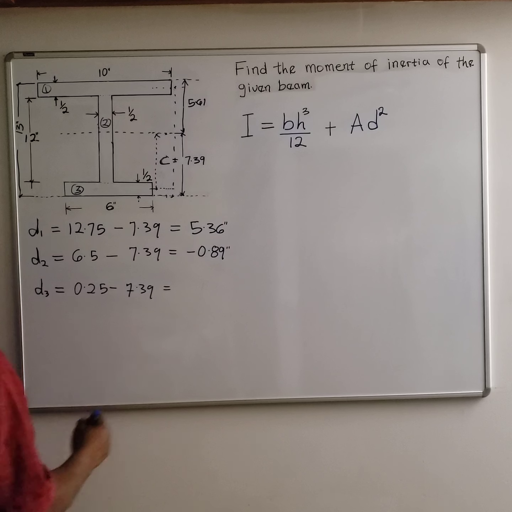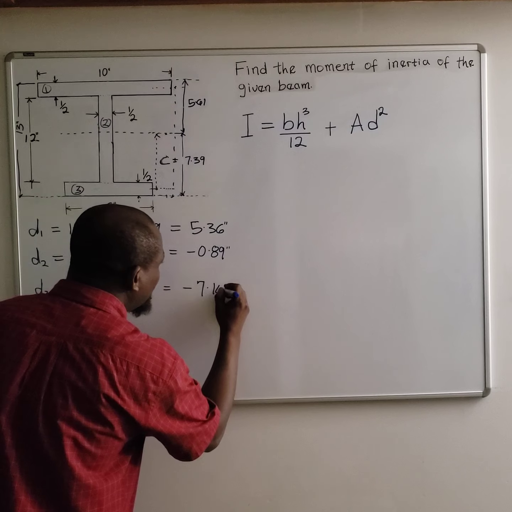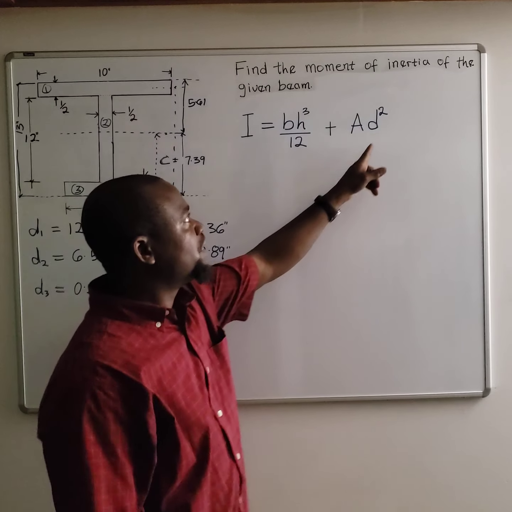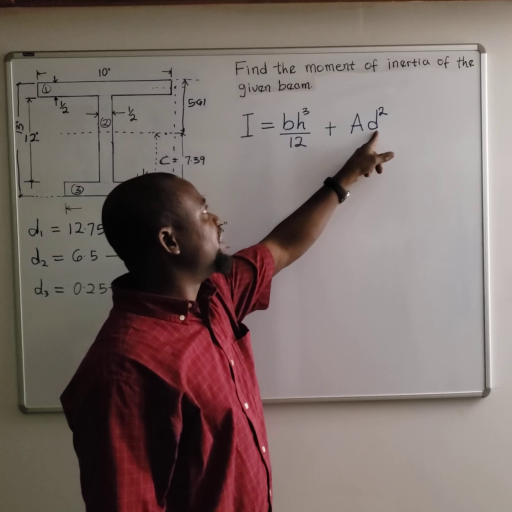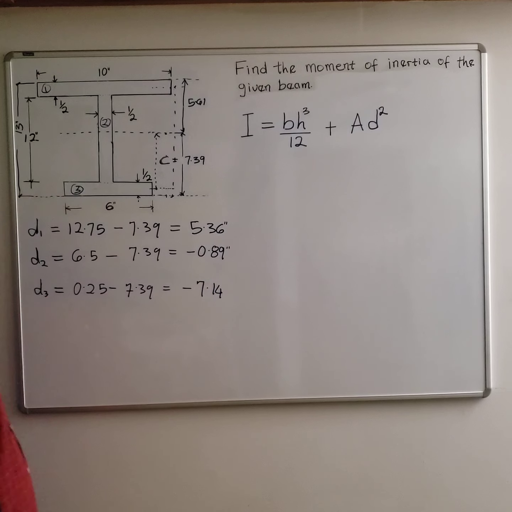We are going to have negative 7.14. Now don't worry about the negative. As you can see, the distance d is squared. So when you square it, the negative signs disappear. So we know this. We know what those values are.